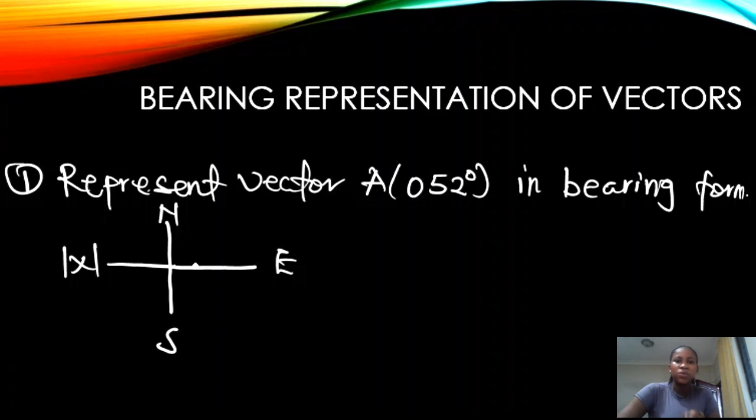We know that when dealing with bearing, we always start from north going clockwise. Clockwise is this direction and anti-clockwise is this direction. We also know that between north and east, the angle is 90 degrees. Between east and south, the angle is 90 degrees. Between south and west, the angle is 90 degrees. And between west and north, the angle is also 90 degrees.